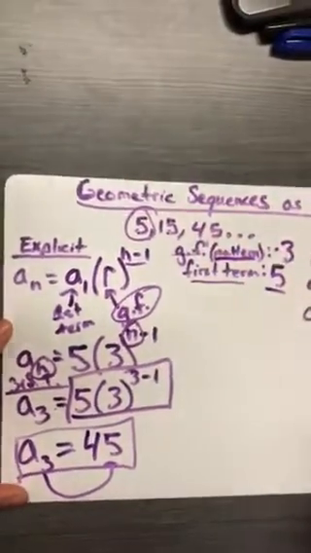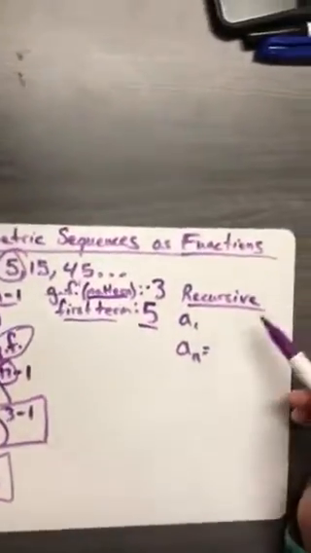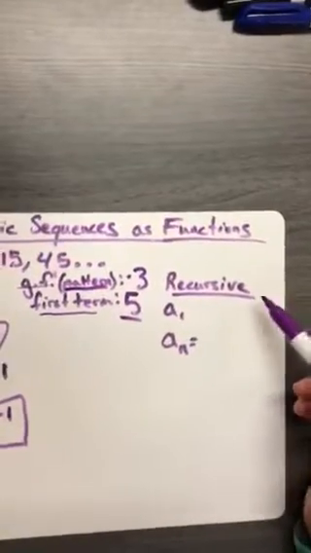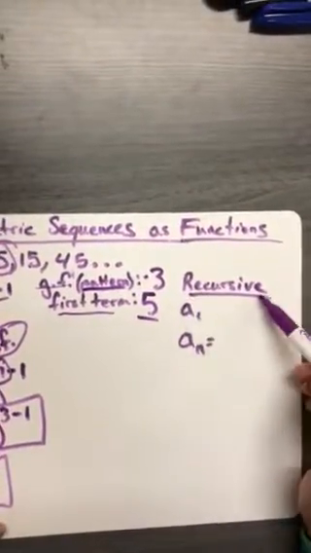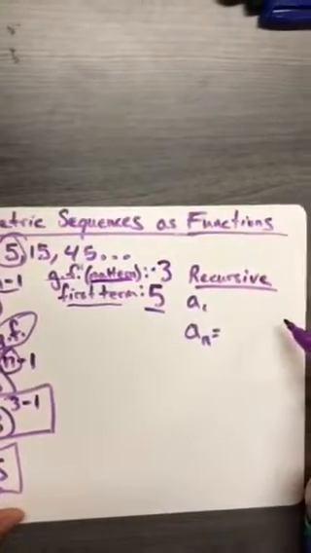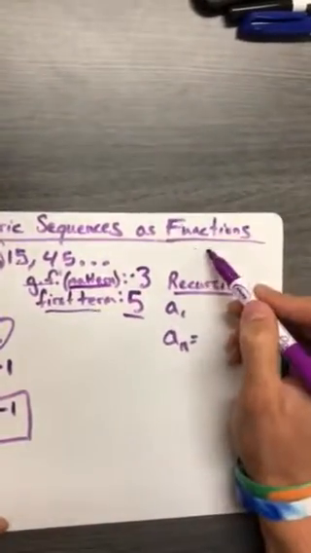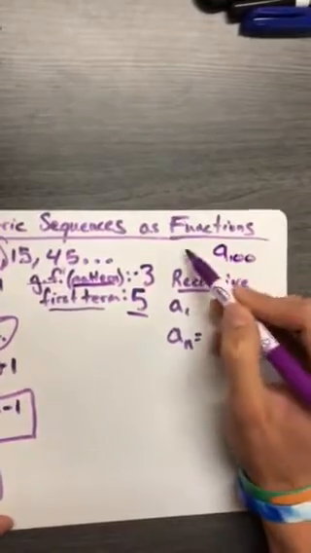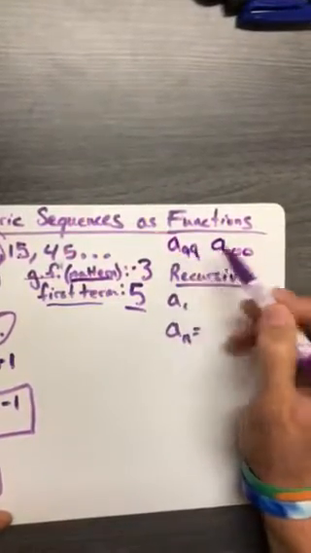Now we're going to jump to the a little bit more complicated function, which is recursive. Remember, you need the term before the term you're trying to find to use this. So if you want to find the 100th term, you need to know the 99th term.